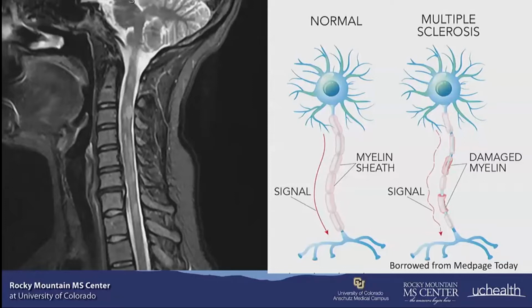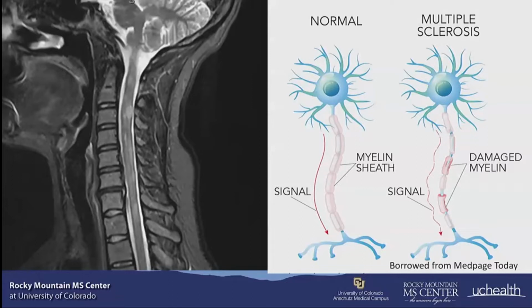On the right-hand side, you see a depiction of a neuron with the normal neuron appearing on the left with its cell body at the top, and then the projection or axon going down. The axon is surrounded by a myelin sheath. The myelin, as many of you already know, is that kind of insulation that allows the nerve impulse to be transmitted in an efficient and quick manner.